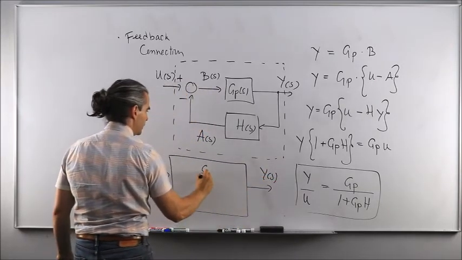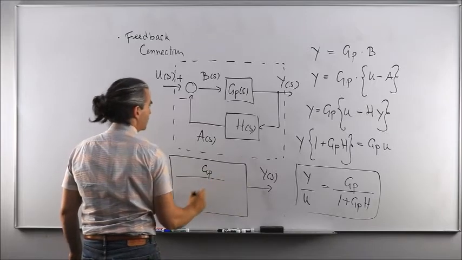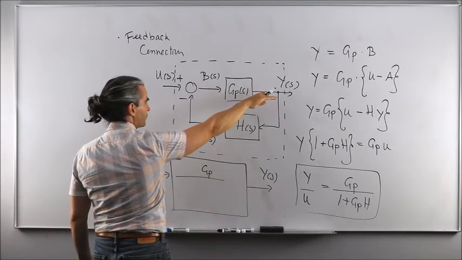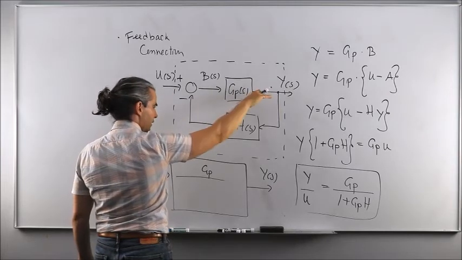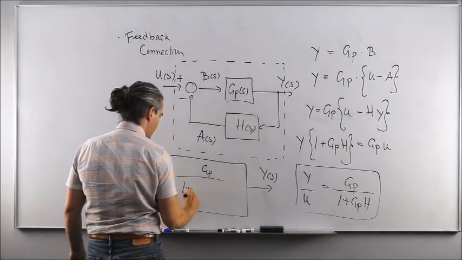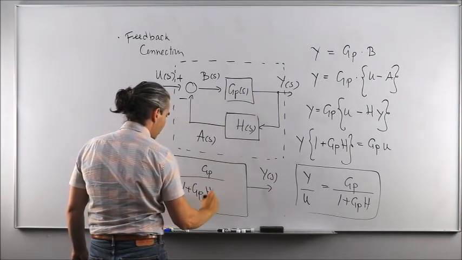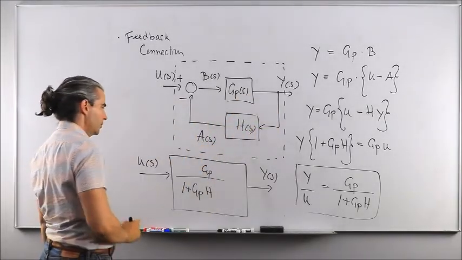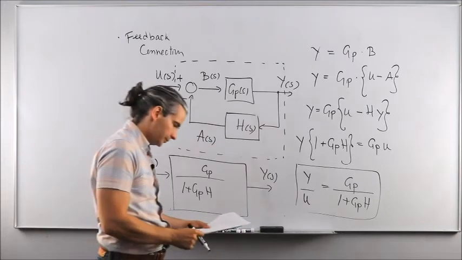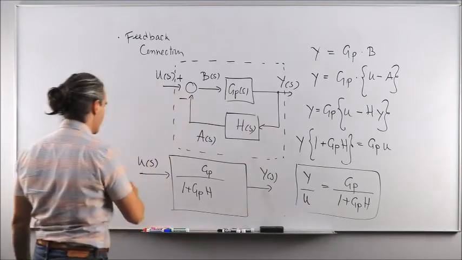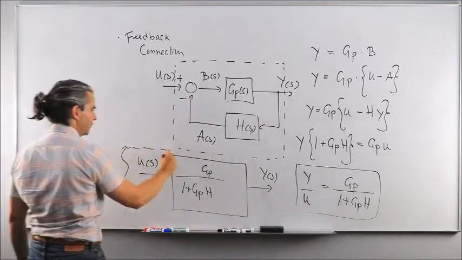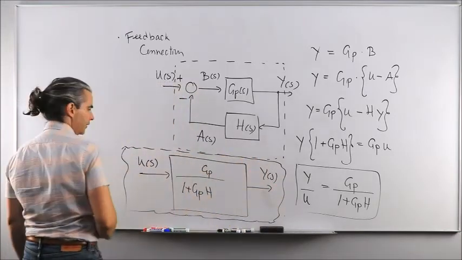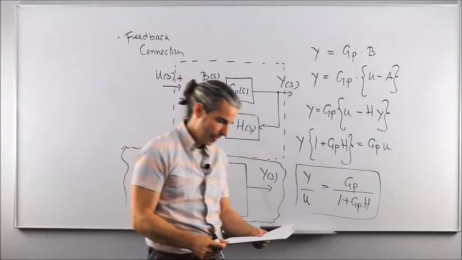Well, this is going to be the transfer function in the direct loop, okay, like that. That's your GP over 1 plus GP times the 1 included in the feedback loop, like that. GP over 1 plus GPH. And that'll be used quite often because, again, feedback connections are employed frequently in feedback control system design.